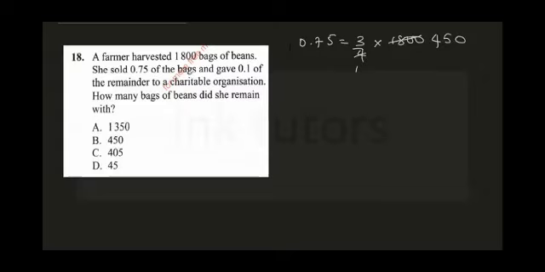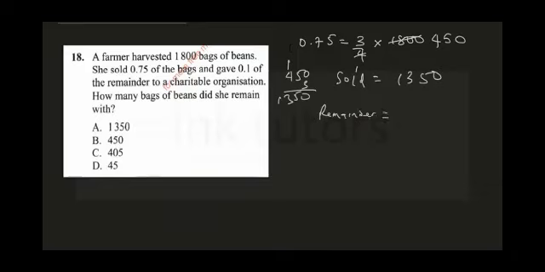So when you do 450 multiplied by 3, you're going to have 0, 5 carry 1, 4 times 3, 12, 13. So that means what she sold was 1350.